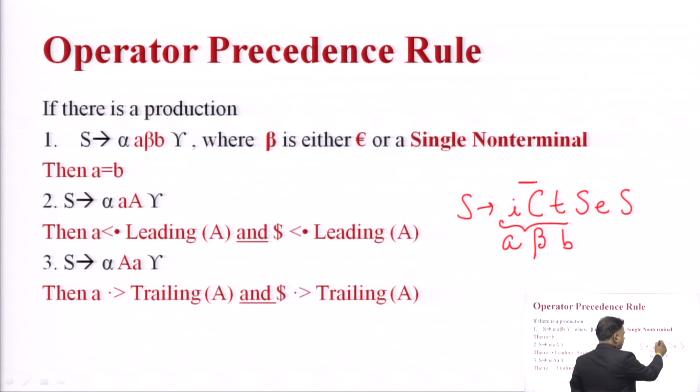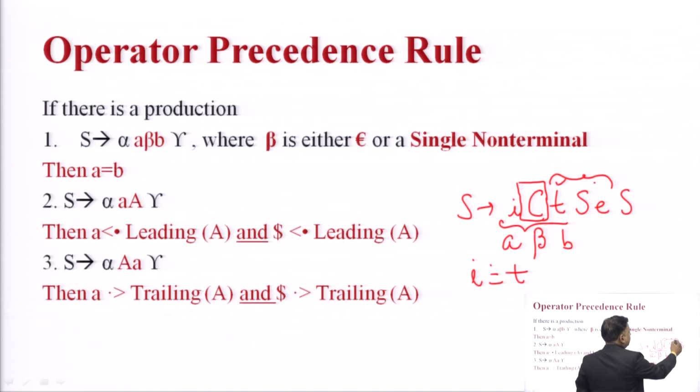In this case this is a single non terminal, right. If so, then I can say that I has equal precedence with T, right. Next, move ahead, T S E: again T is separated by a single non terminal, that means T has equal precedence with E.